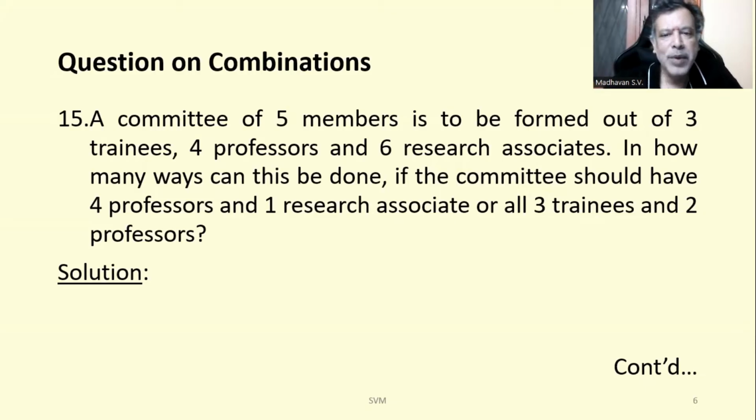A committee of 5 members is to be formed out of 3 trainees, 4 professors, and 6 research associates. In how many ways can this be done if the committee should have 4 professors and 1 research associate, or all 3 trainees and 2 professors? So let us first write down a table considering what is available and what is to be selected.